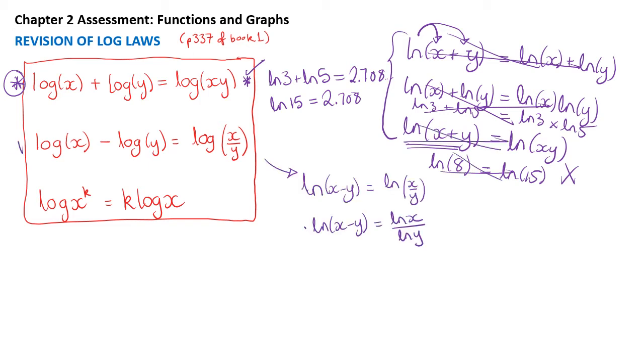Similarly, mistakes with this division law. Often I see log of x minus y inside the bracket being the division, log of x divided by y, or equally log of x minus y being log x over log y, or even log x minus log y being log x over log y, all of which are incorrect.